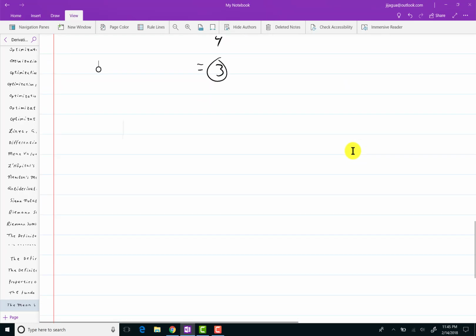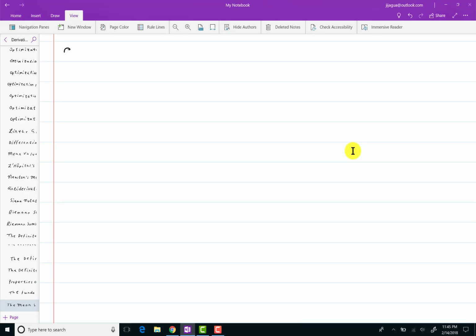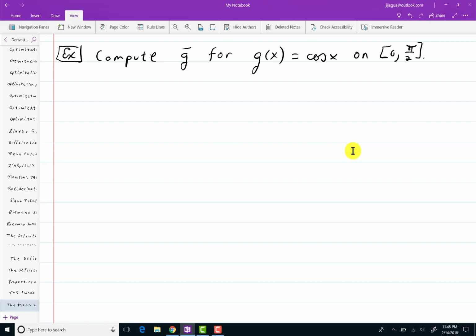Let's try another one. Let's compute g bar for g of x equals cosine of x on the closed interval [0, pi over 2]. So g bar equals 1 over (b minus a), so that's pi over 2 minus 0.